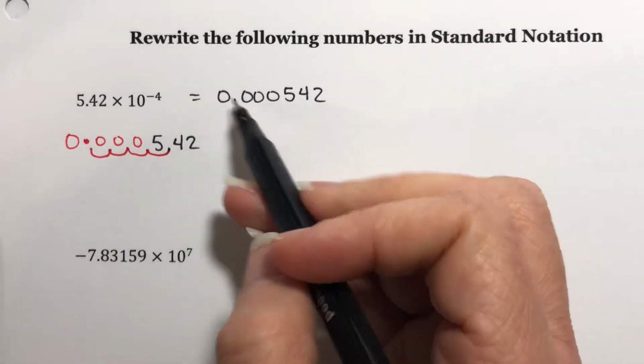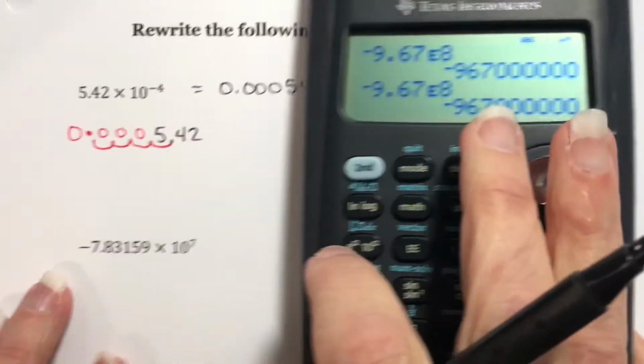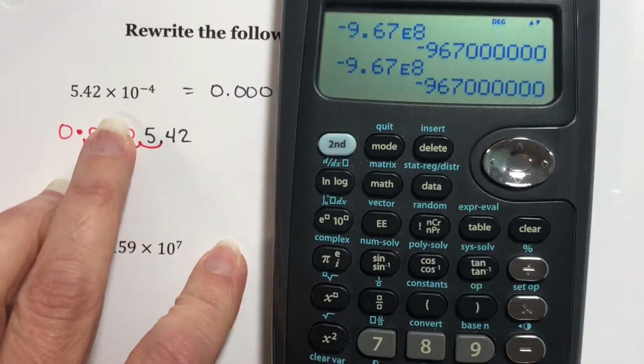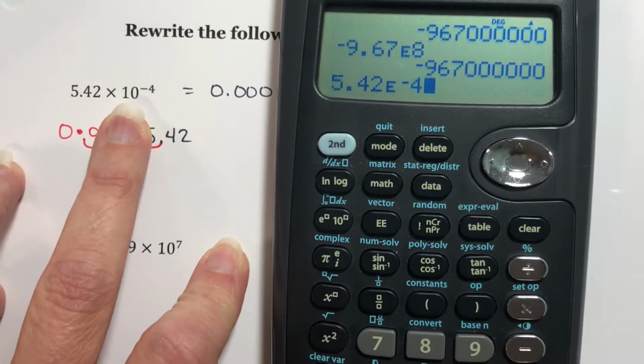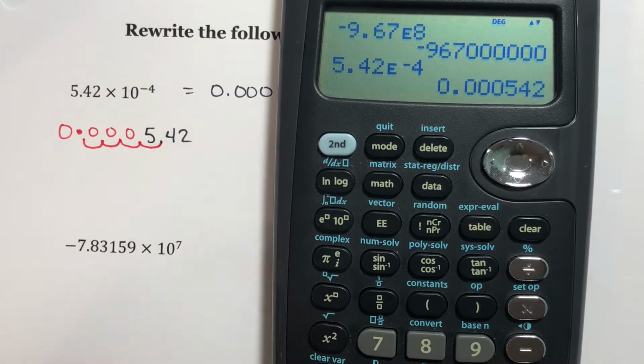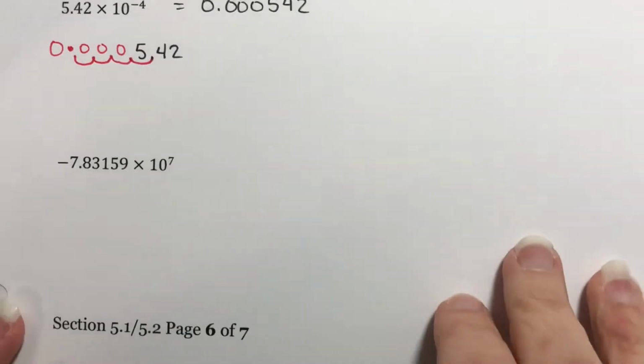The decimal point can look like a stray dot, and you can lose it. I've done it several times. So let's take 5.42 and raise it to the -4 power and check our answer. And we're good.